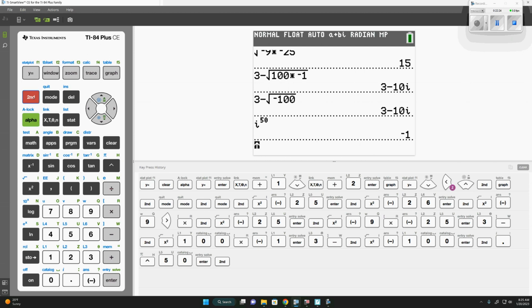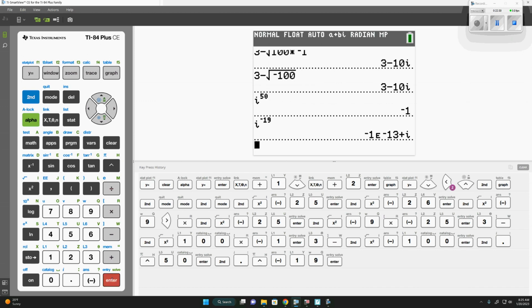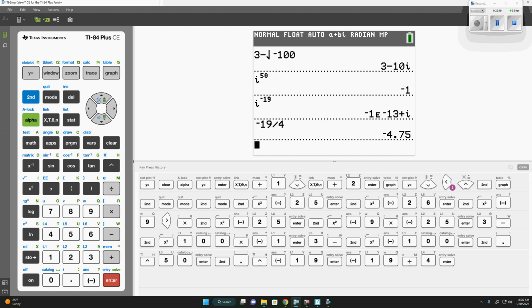Then we can do i to the negative 19. It's going to throw it for a loop. Yep.